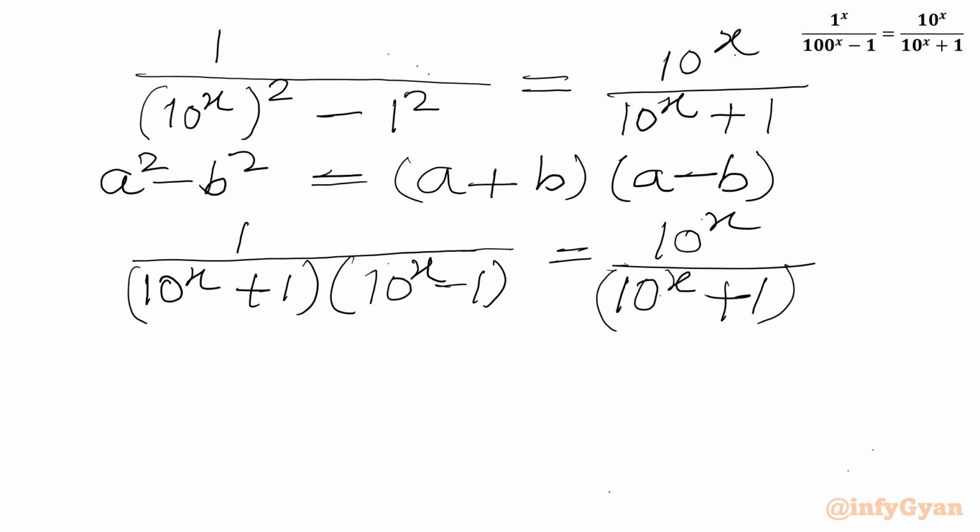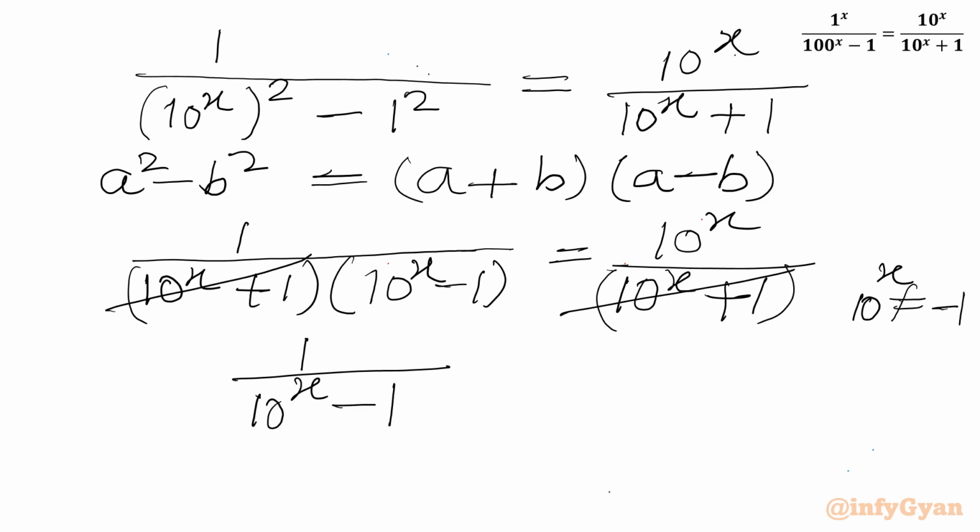Now we can cancel easily 10 power x plus 1 from the denominator, as 10 power x cannot be equal to negative 1. Now it will be 1 over 10 power x minus 1 in LHS and 10 power x in RHS. Now I can cross multiply as x cannot be 0. So I can write 10 power x times 10 power x minus 1 equal to 1.